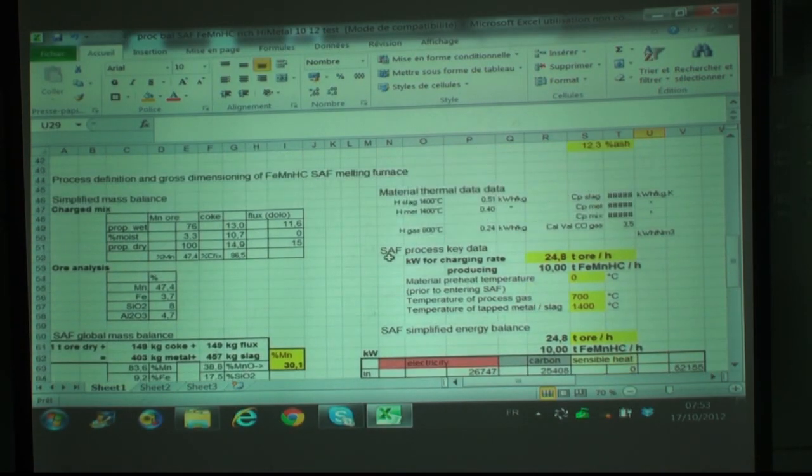Now we need other data before doing the calculation.